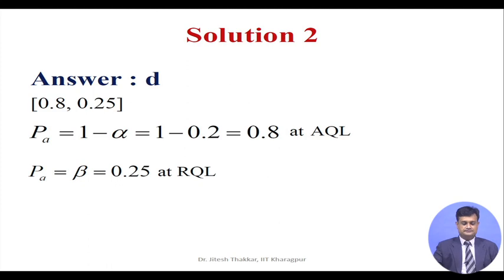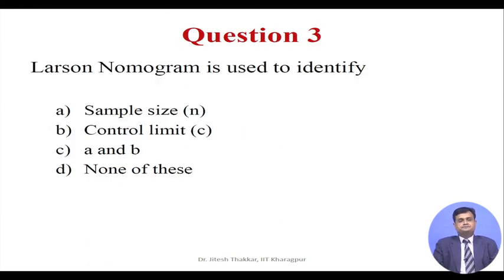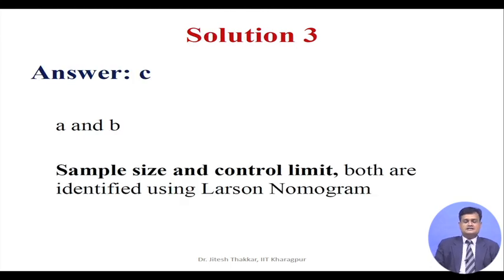at RQL. Question 3. Larson nomogram is used to identify A, sample size n, B, control limit C, C, A and B, and D none of this. So, the answer is C, A and B. Sample size and control limit both are identified using Larson nomogram.